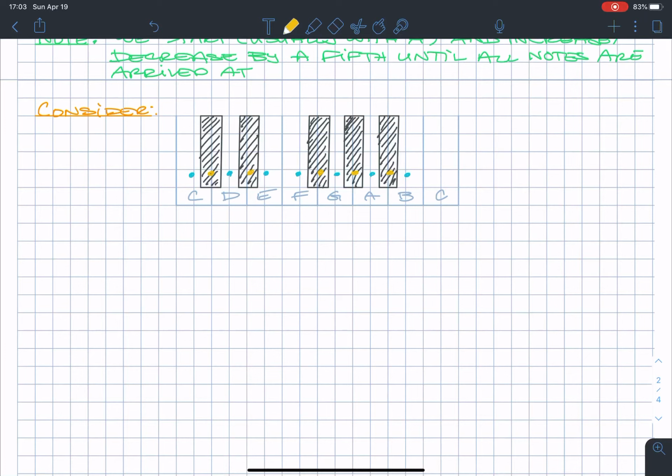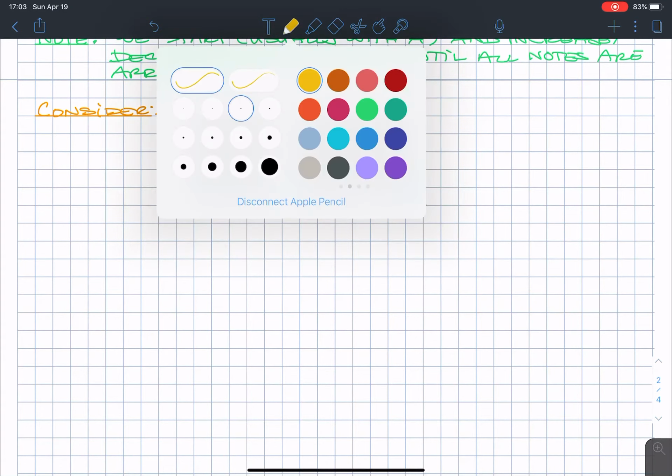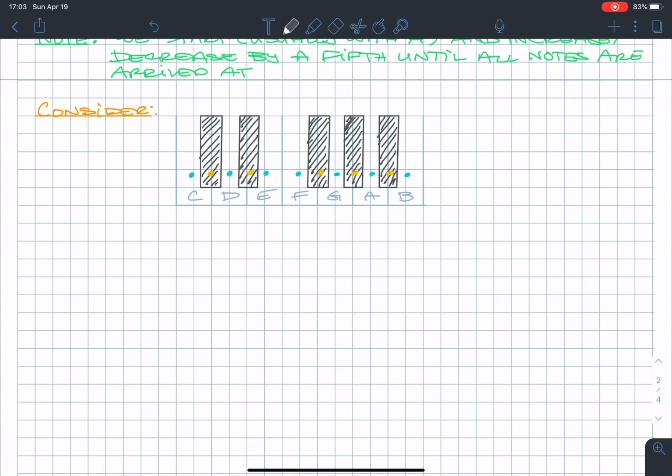Okay, so I guess I didn't really need this here. So let's go ahead and create that octave using frequencies now.